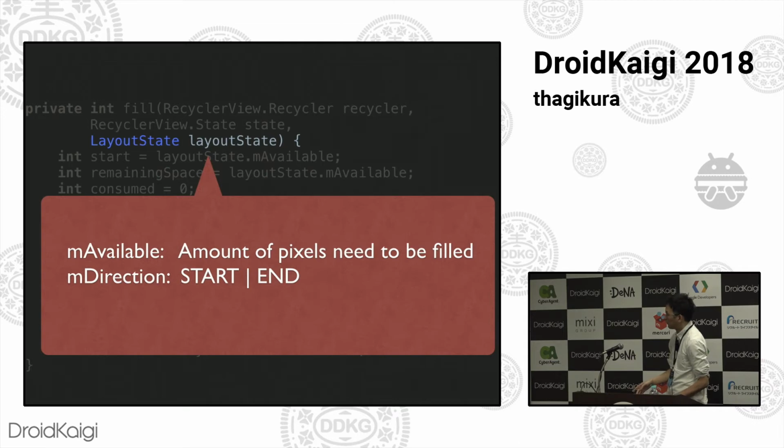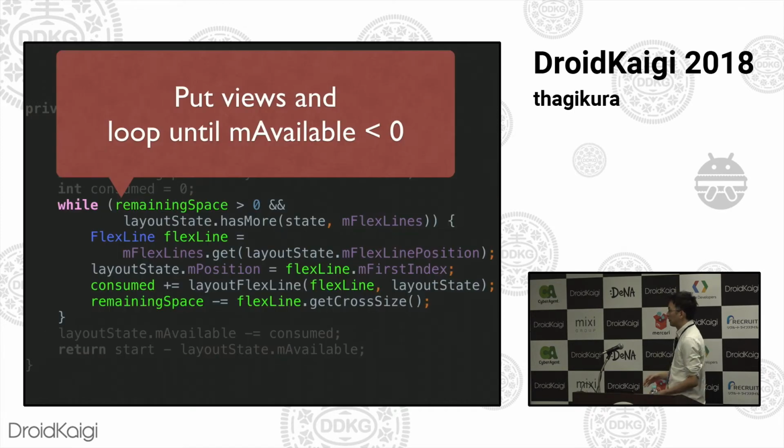The available amount is used for that purpose, and the direction represents whether the method is filling the views toward start or end. Then in the while loop, it puts the views until the available space becomes 0. It means the amount of pixels needs to be fully filled by this method.